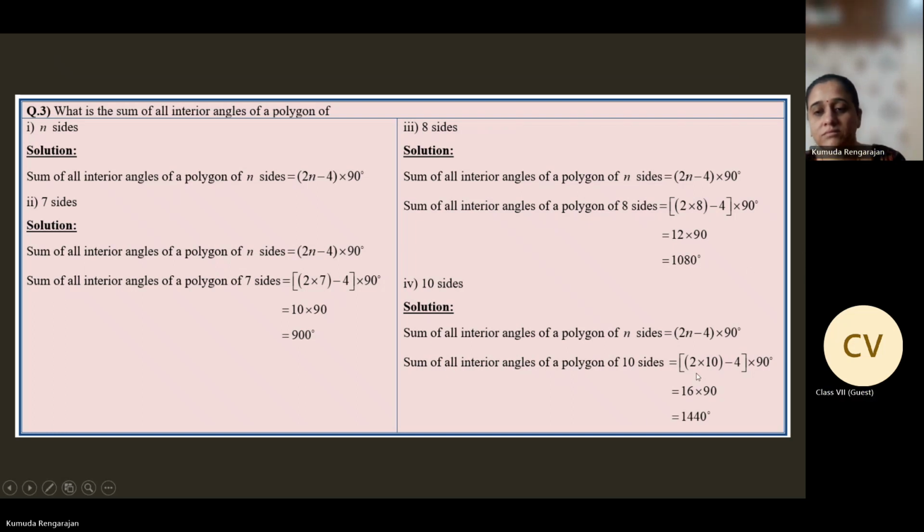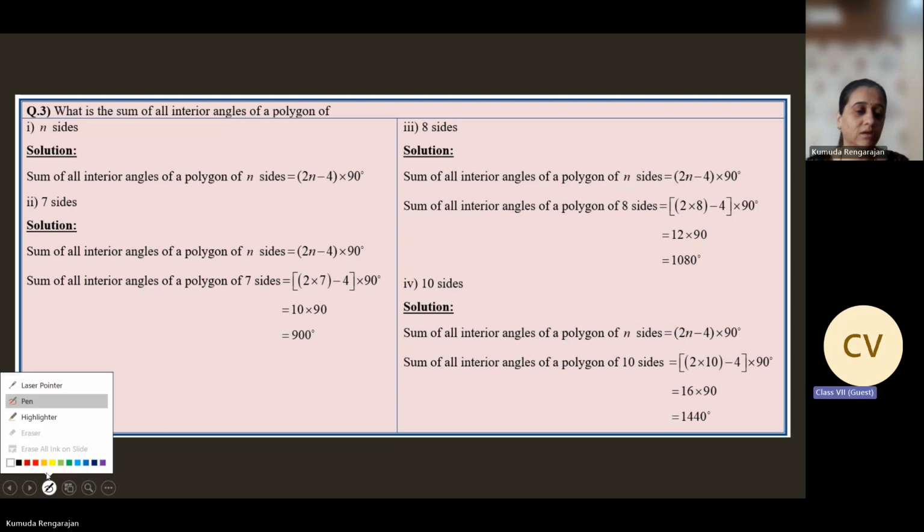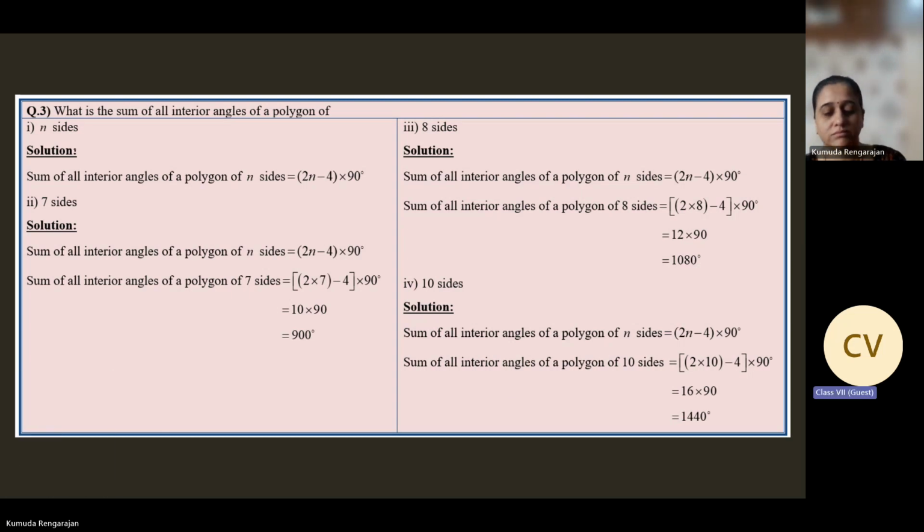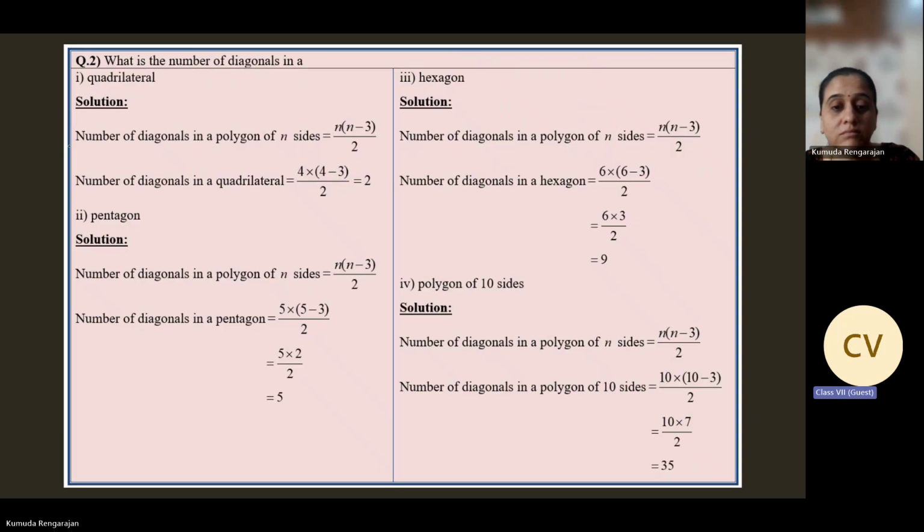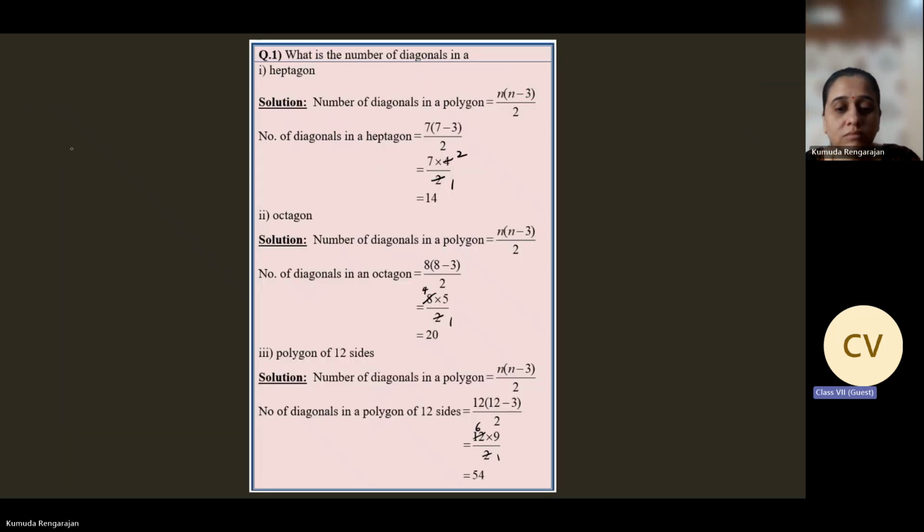Work this. Ma'am, others didn't complete yet the first sum. Ma'am, we are writing the third one. Okay, ma'am, let him finish it. I'll do it by my own.